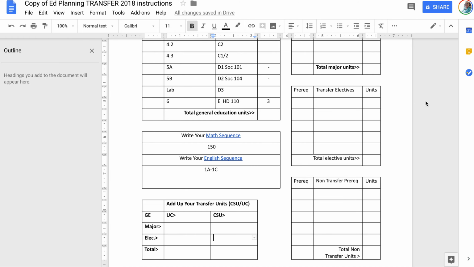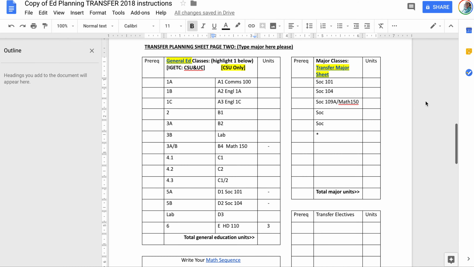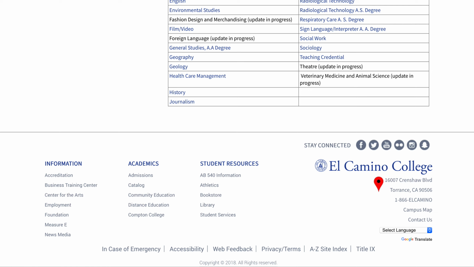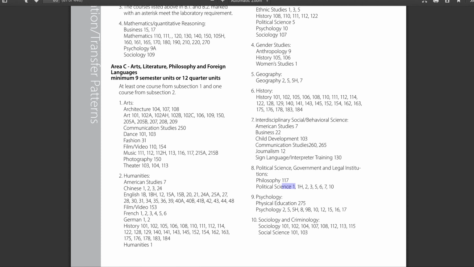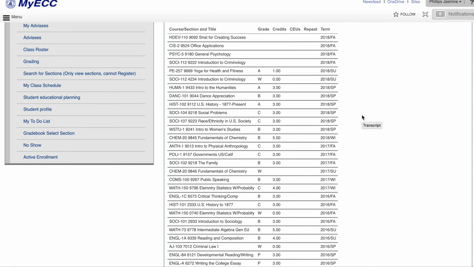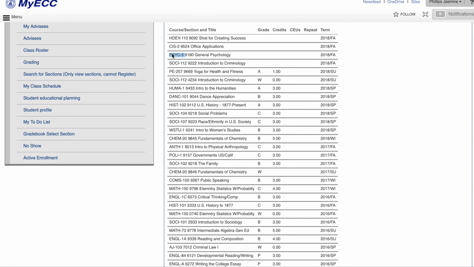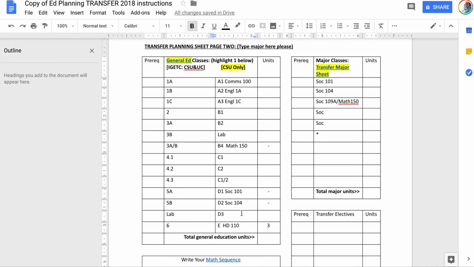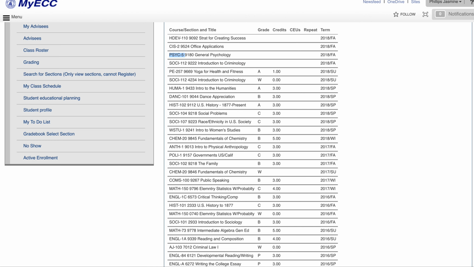So now let's look at your transcripts and see what we can pull from them so that you are meeting all of these requirements. I see that you're in Psych 5, so we can put that down. That's your Area D course, Psych 5. And let's see what else we have here. We have Soc 112.